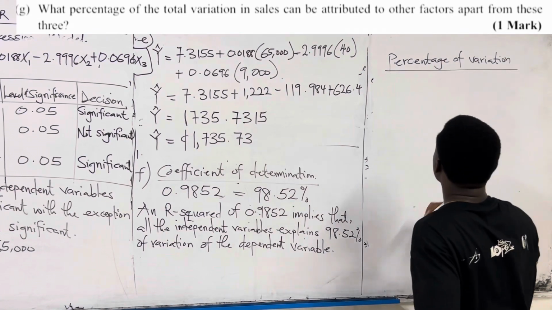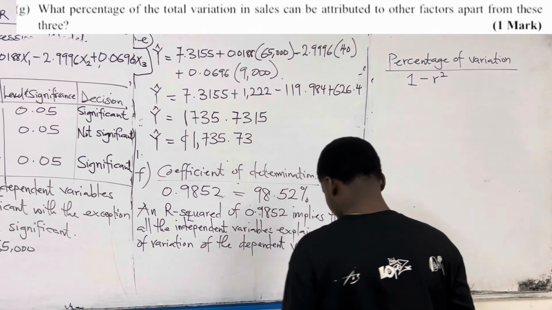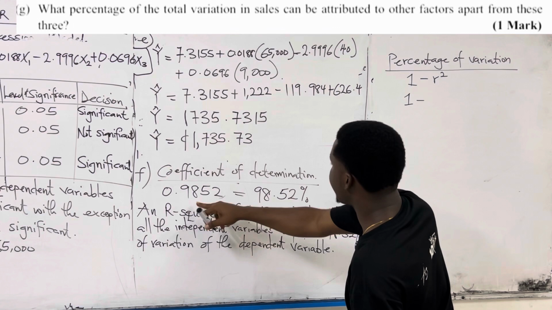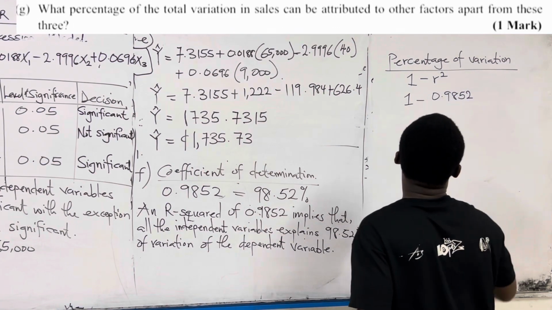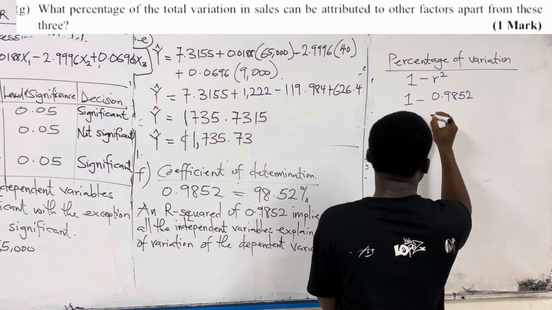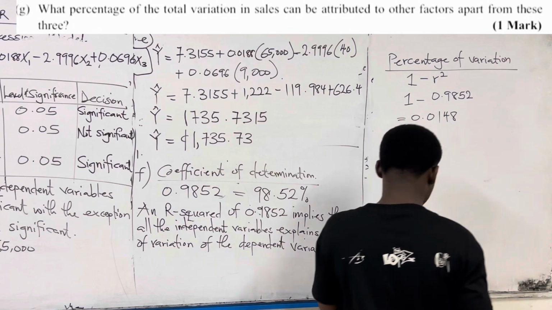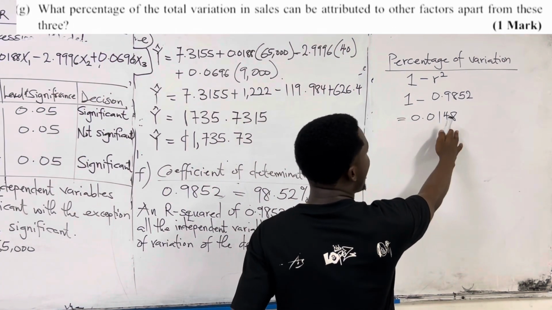We have our percentage of variation, and it is given to us as 1 minus r squared. So we have 1 minus the r squared, which has been given to us as 0.9852. When you solve for this, you will get 0.0148.